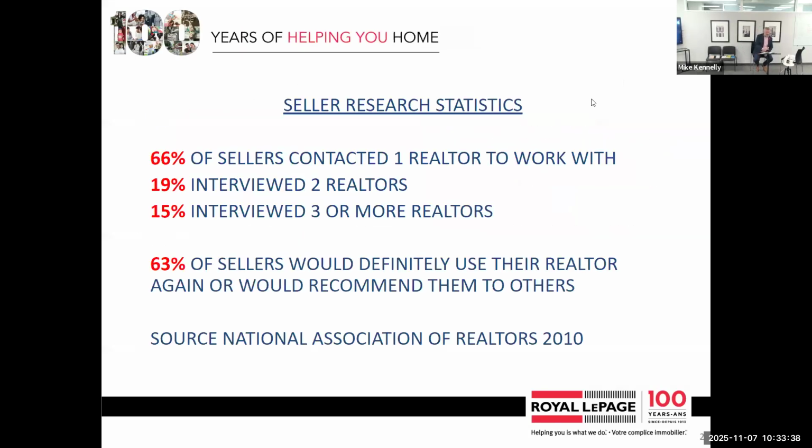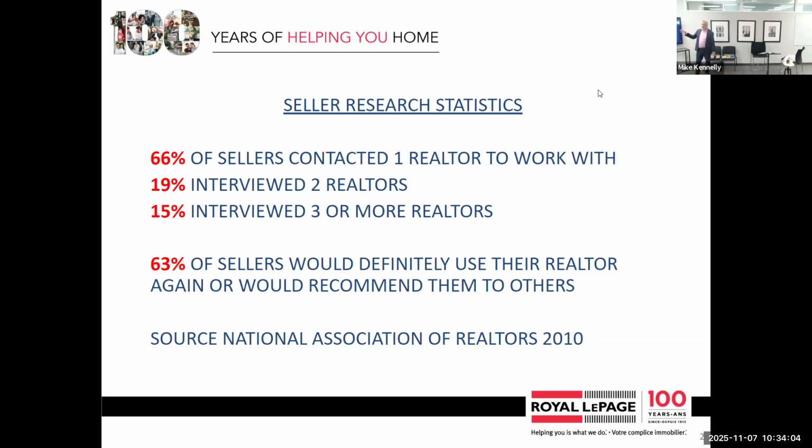Okay, so if we go to page 44 of the workbook, I always like to do source surveys. This was a survey done in 2010 by NAR, the National Association of Realtors. It's the equivalent to the Canadian Real Estate Association, but it's 10 plus times the size of ours.